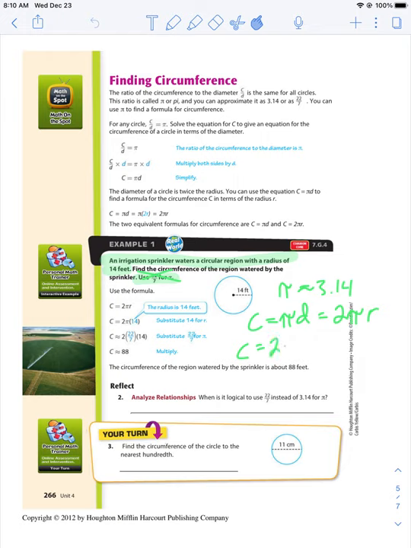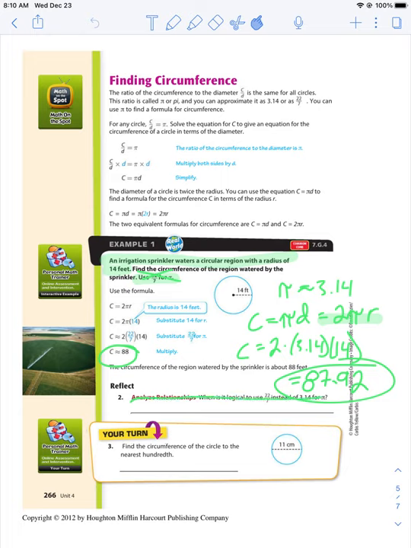C equals 2 times 3.14, that's pi, times 14, that's our radius. So I just used this formula. And we can type that into our calculator. And we get 87.92. They rounded to 88, but 87.92 is more accurate.